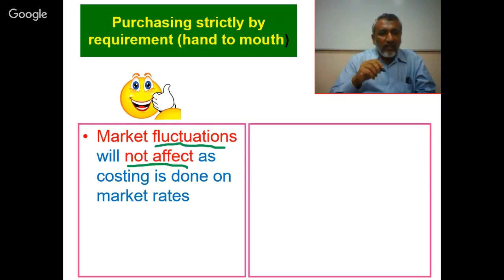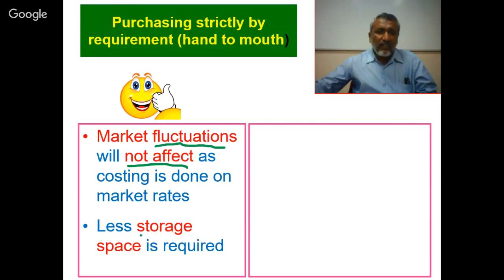It will order the materials, manufacture it and give it. That is, the entire costing is based on the price of the materials in the market. And after buying and starting production, if the rate of the material goes high in the market, the company will not incur any loss. That is, market fluctuations do not affect the industry in this type of purchasing.